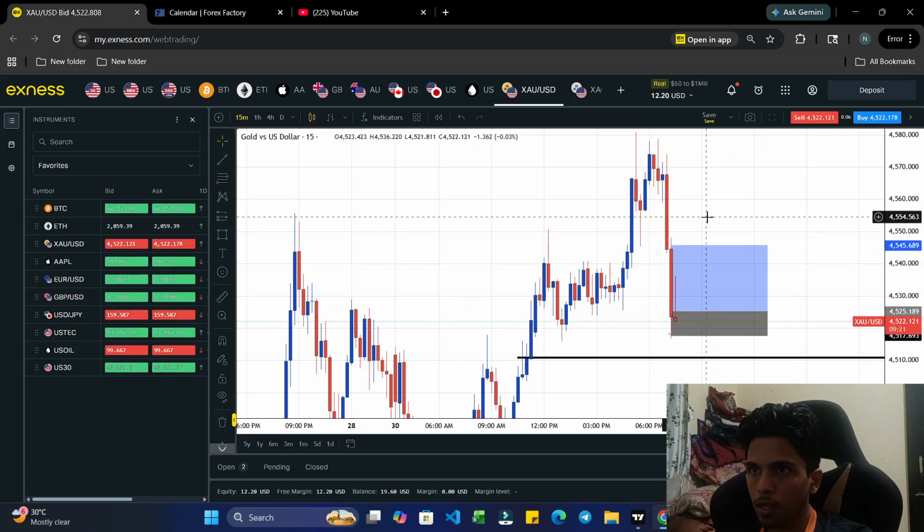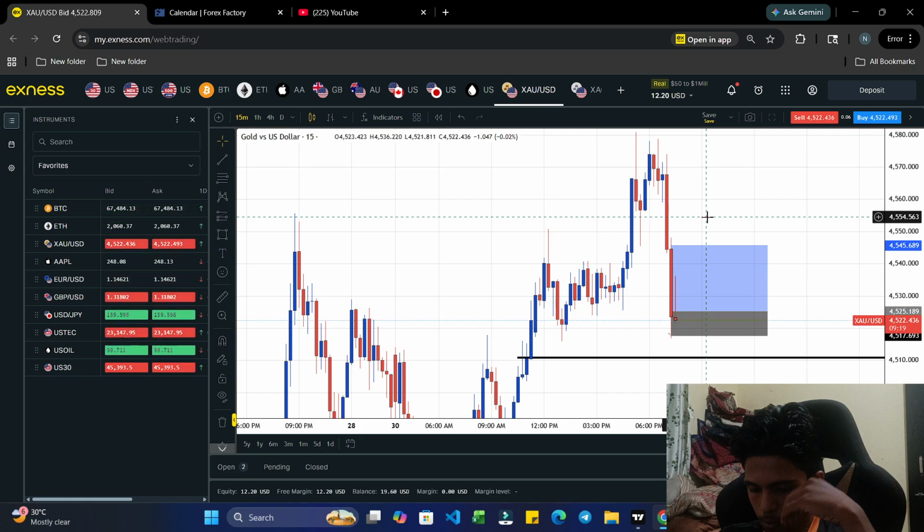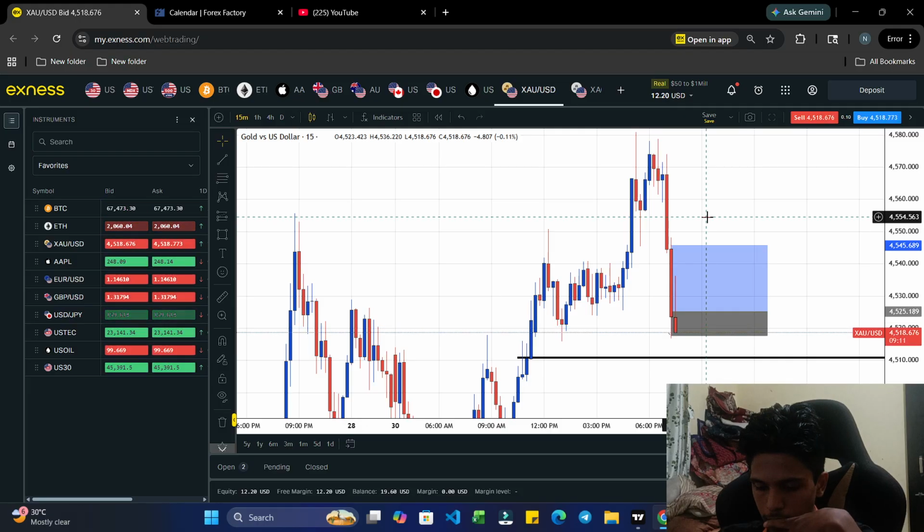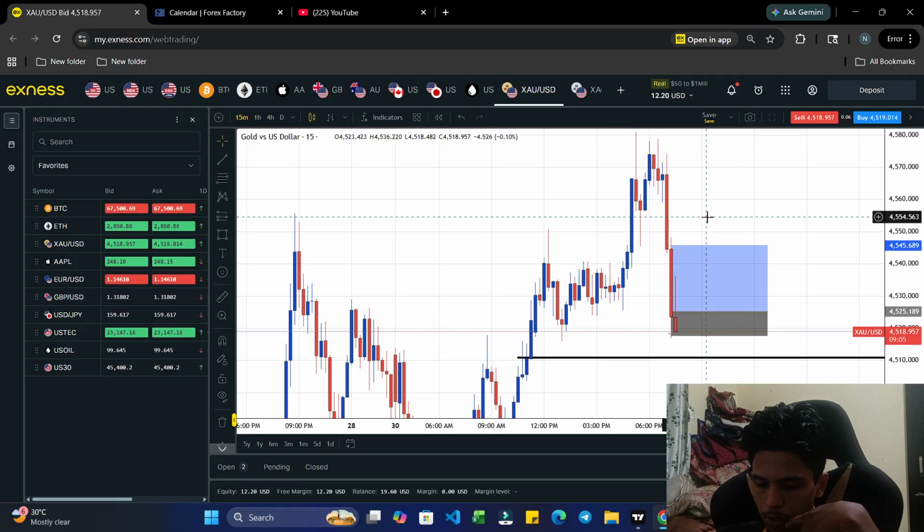But it is a risky trade, so we can't directly go into this trade because it is already a risky trade. It is too much of a risky trade, and if that level on the downside has been broken, I don't think it will go.